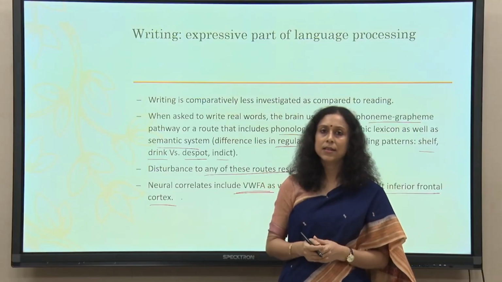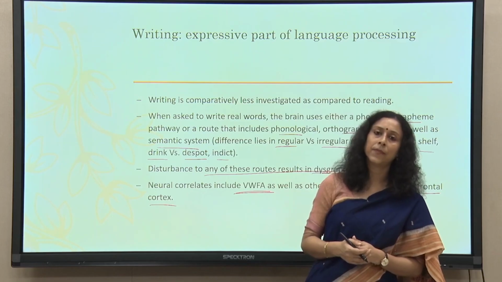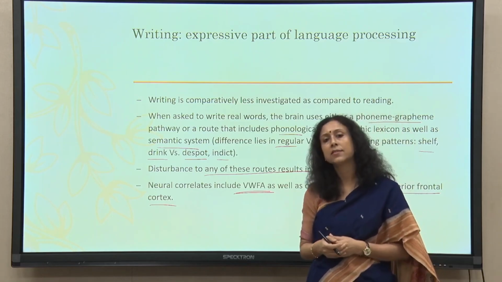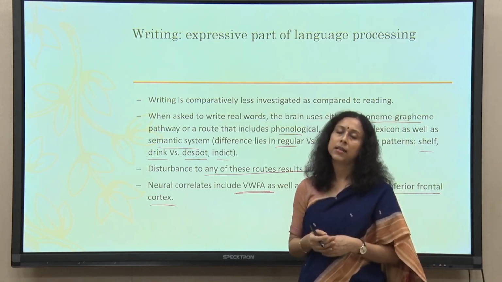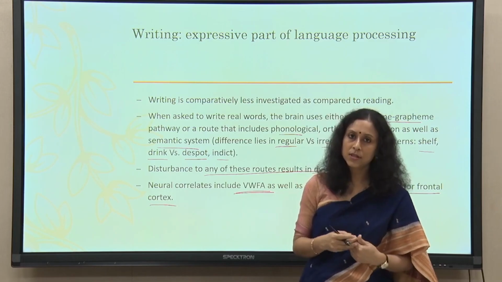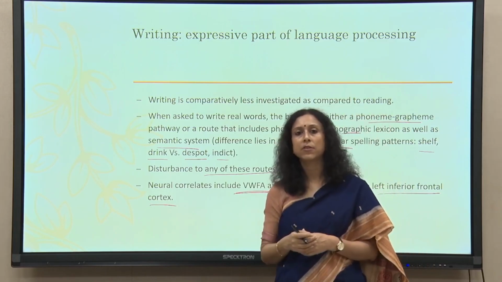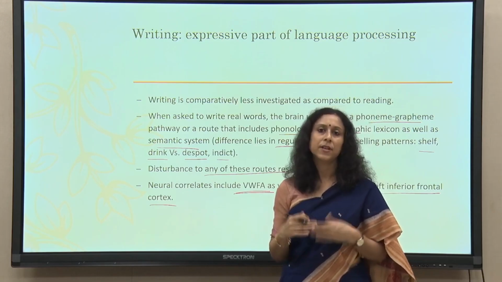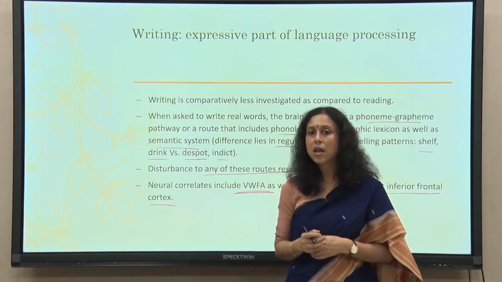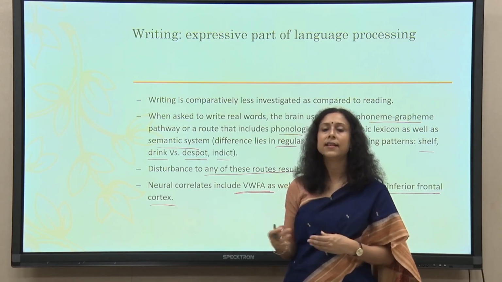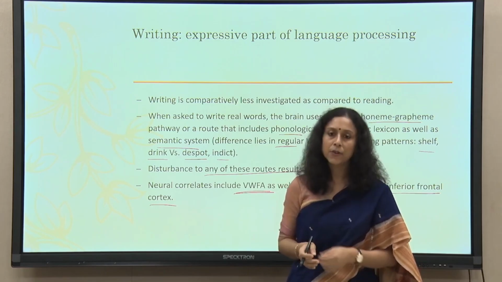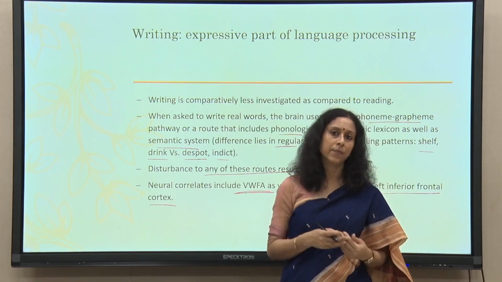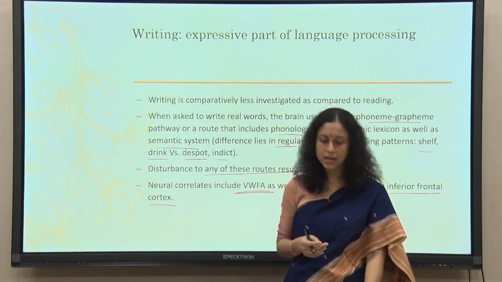So, with this brief overview of the various kinds of language functions, we have seen that both the disorders of language and normal language functions, in speaking and listening, that is speech production and speech perception, as well as reading and writing, all have their own neural substrates that are responsible.